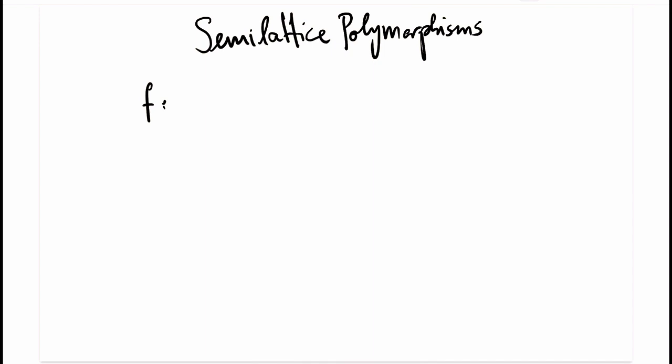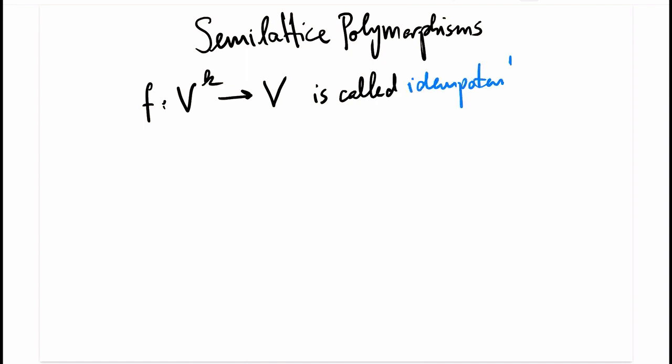So we have a function from V^k to V, and such a function is called idempotent if, when we apply f to equal arguments, we get back this argument, for all x.